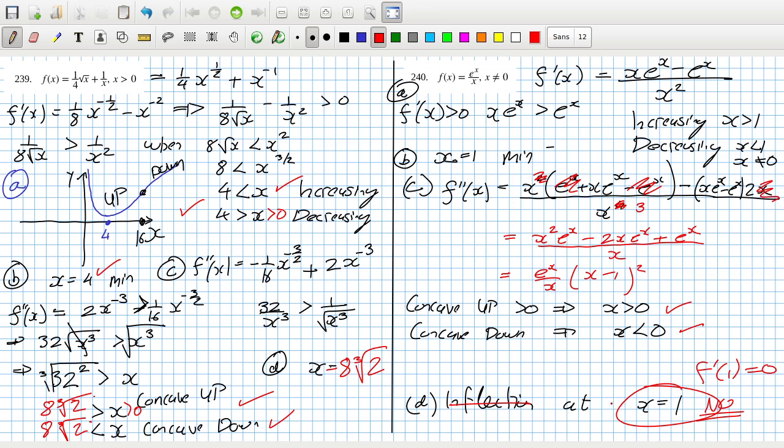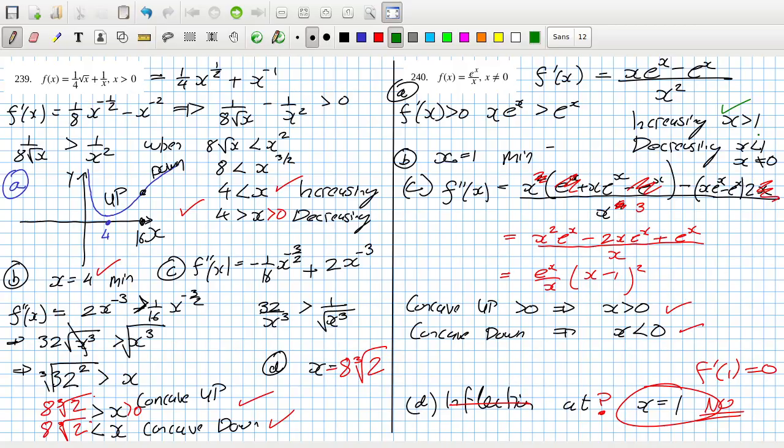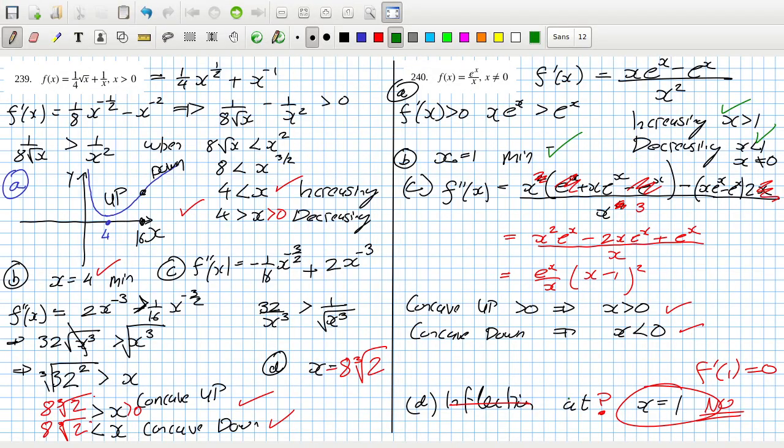So we don't know what's at 1. Should have checked that. I didn't realize they were going to be sneaky like that for these questions. Yeah, they got me. Increasing greater than 1, decreasing less than 1. Yeah, minimum at 1. Yeah. But inflection.